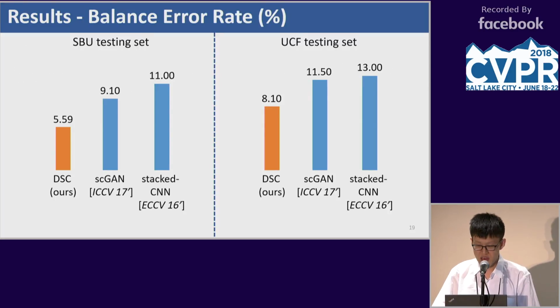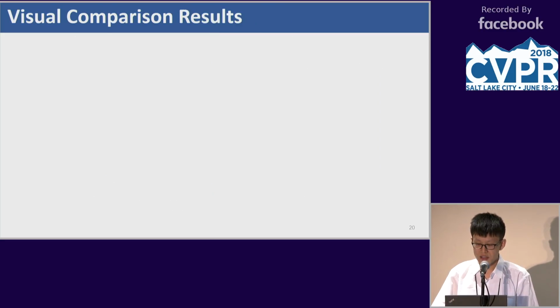Here we show the results. We compare our method with the most recent shadow detection methods, SCGN and stacked CNN. We can see that our method outperforms the others on both benchmark datasets by a large margin. Here are the visual comparison results.